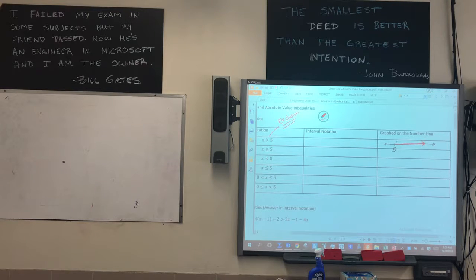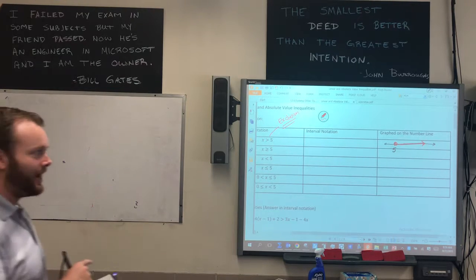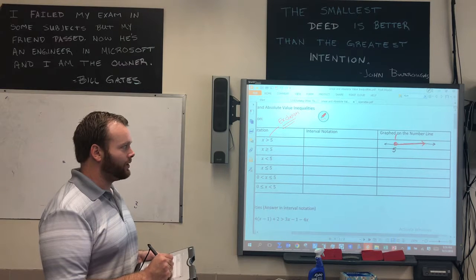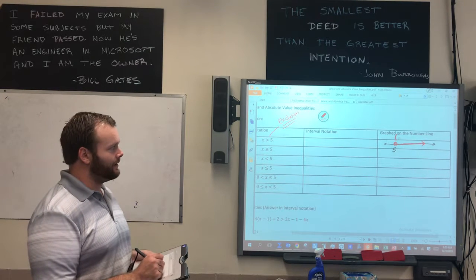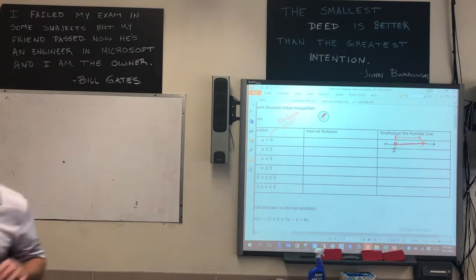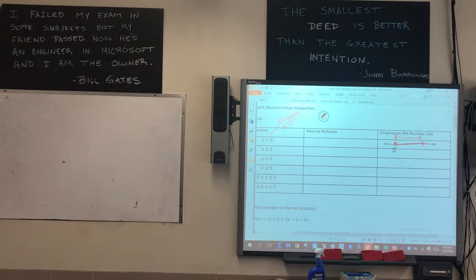You guys remember? You put an open dot there. Now you also have another option, and I like this other option. To represent an open dot, we use a parenthesis. And then we could draw our arrow that direction. I like the parenthesis because of how that's going to relate back to our interval notation. Is that okay with everybody? You guys remember doing that? Okay.